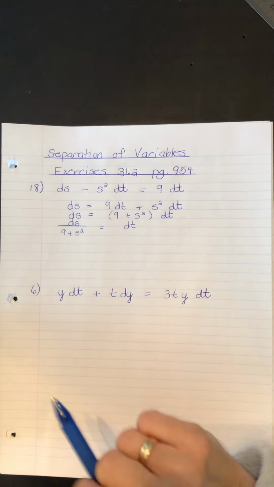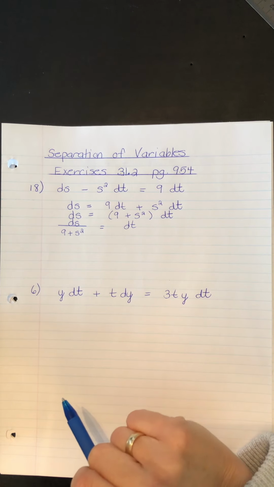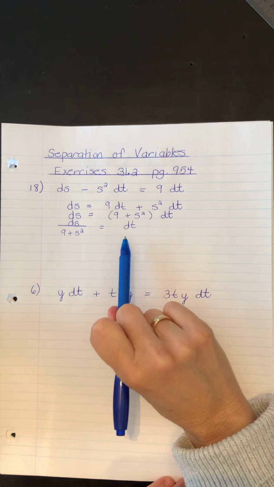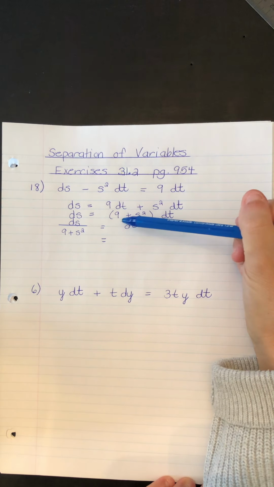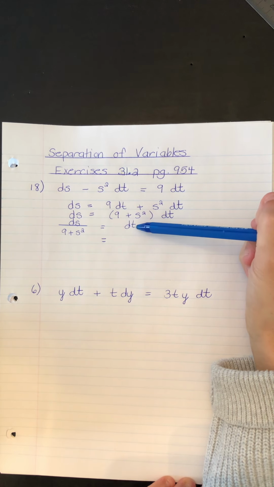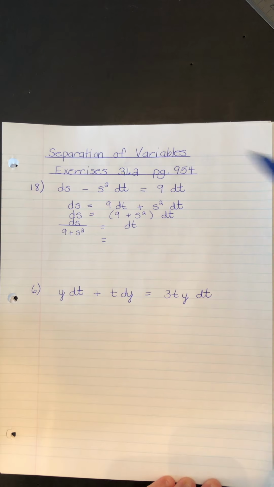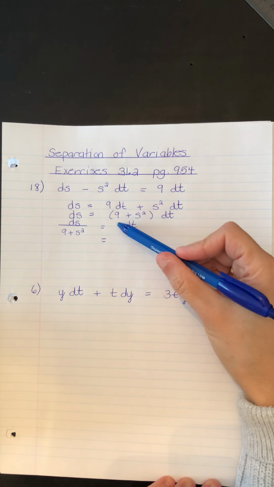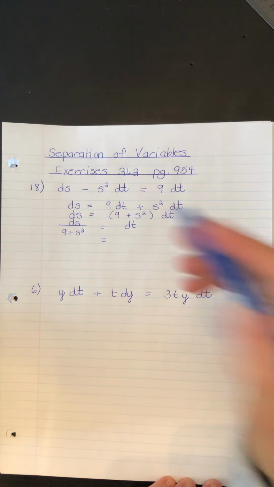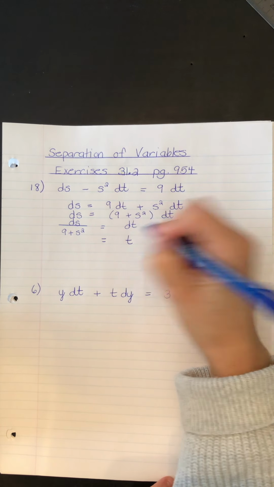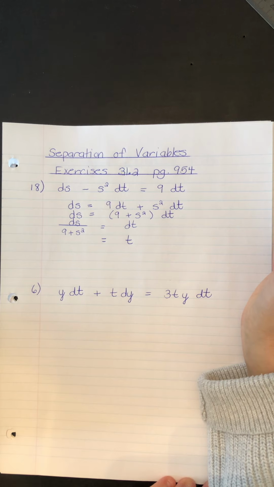Okay, so when I integrate the right side of the equation here, I'm integrating the number 1, if you like, with respect to time. Well, I'm assuming it's time, but we're integrating the number 1 with respect to t. So that is t, the integral of 1 would be t.